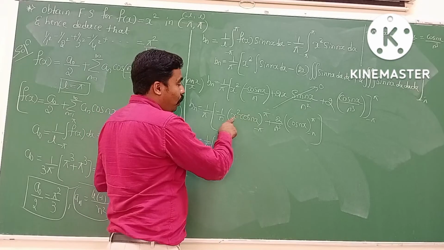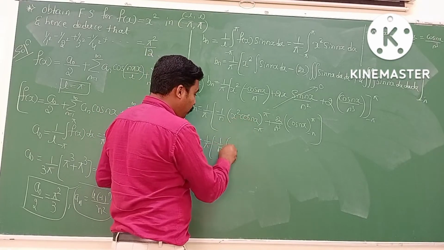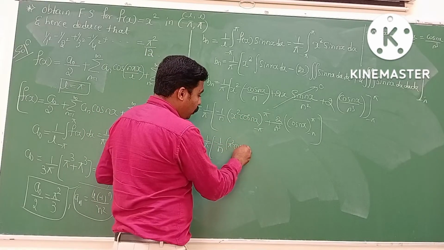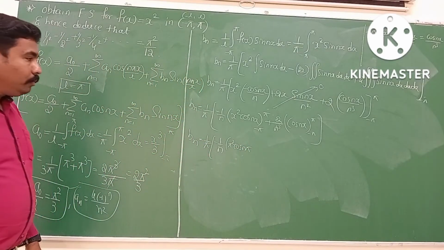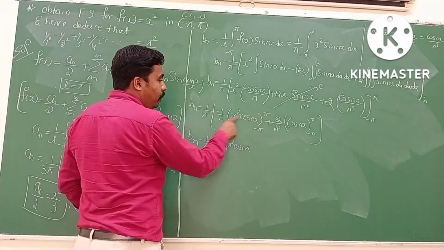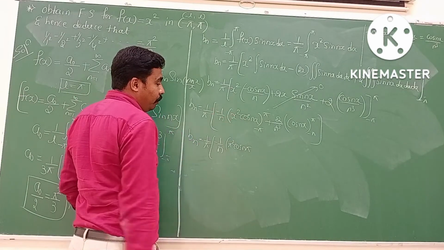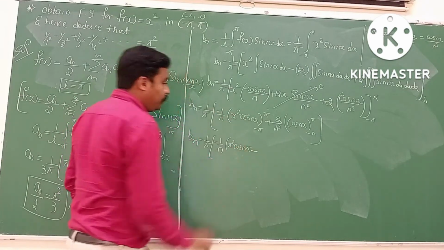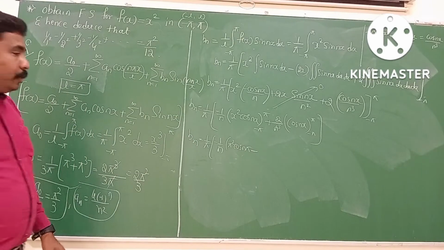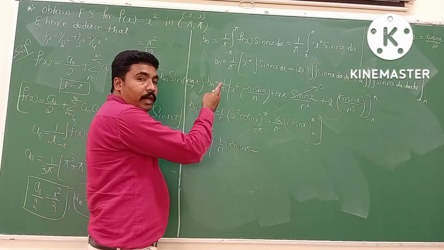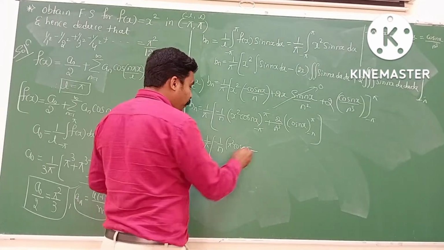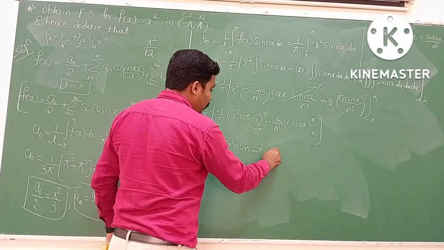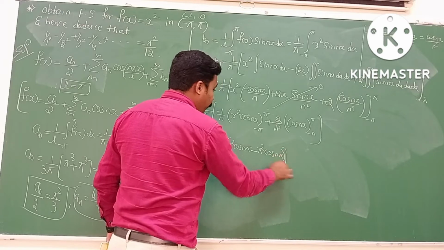Upper limit is what? Pi square cos n pi, minus the lower limit. Minus pi whole square is plus pi square, and cos of minus theta is plus cos theta, so that is again pi square cos n pi only.